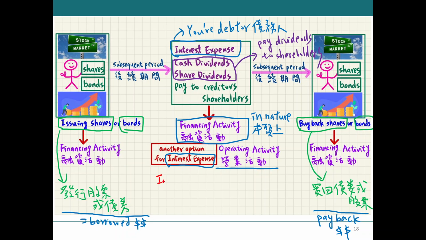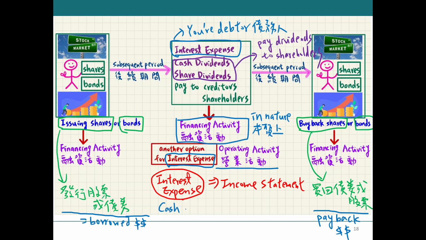So interest expense, you could find this item on the income statement. But for cash dividends or share dividends, you will not find these two on the income statement.